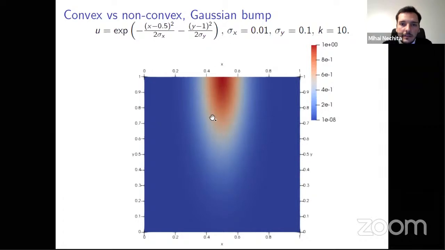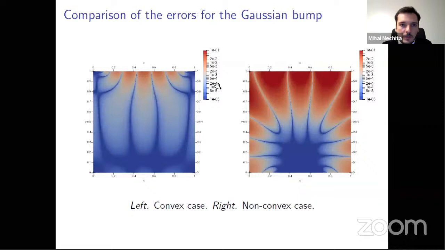But here this function concentrates on this top boundary, and we will see what happens when data is given on the lower boundary. So on the left, we have the convex case, and on the right, we have the non-convex case in which data is given in a rectangle which touches this lower boundary. Again, we see the big difference between convex and non-convex.